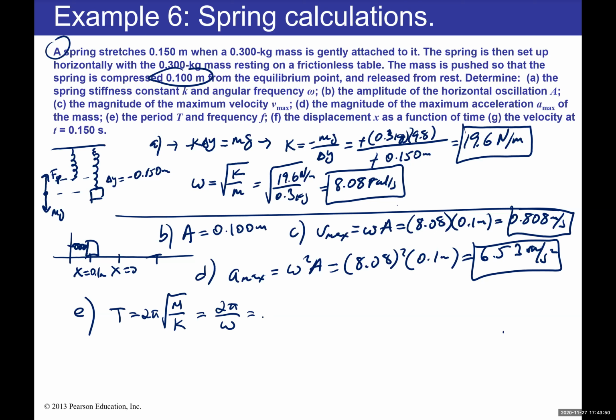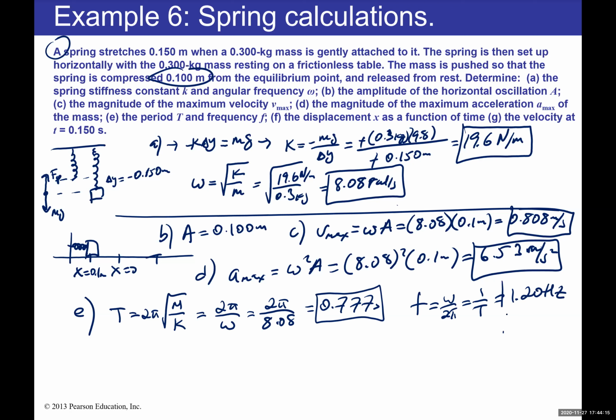For example, I can probably use 2 pi over 8.08, a little bit easier to do that, but same thing. If I do that, I'm going to get 0.777 seconds. Then frequency, again, you can calculate a number of ways, which is omega over 2 pi, or just 1 over the period. Either way, just plug in and get 1.2 hertz, which is probably easier to do with 1 over the period, right?